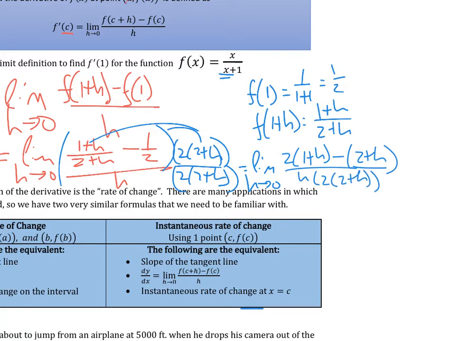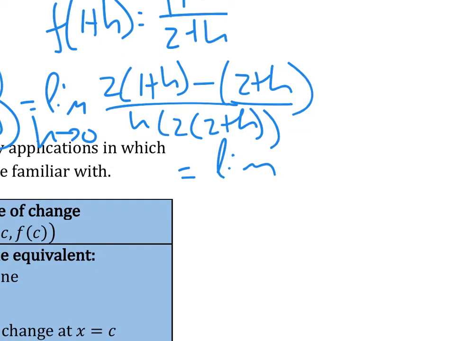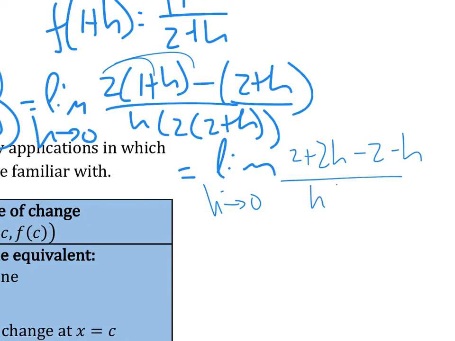All right. Now let's clean this up a little bit more, running out of room here. Zoom in. The limit as h goes to 0, and we have 2 plus 2h on top when we distribute this out, minus 2 minus h, all over h times 2 plus h.